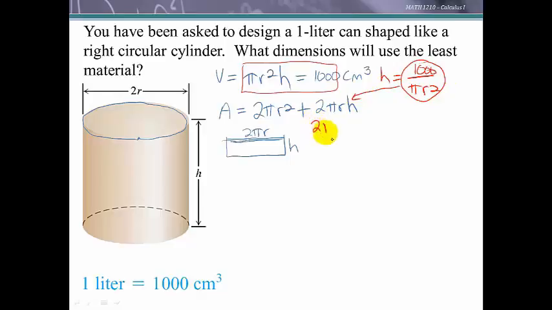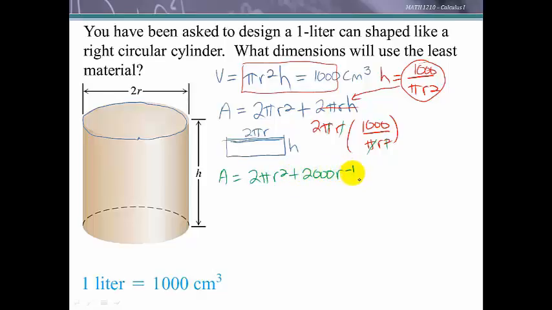So 2 pi r times 1,000 over pi r squared, and we can simplify this a little bit. Let's cancel the pi's, and one of these r's will cancel with one of these r's. So our area function we're trying to minimize is 2 pi r squared plus 2,000 over r.